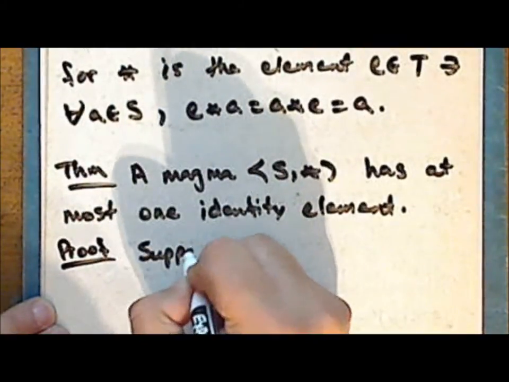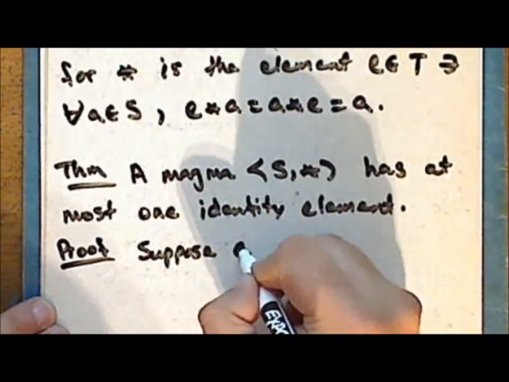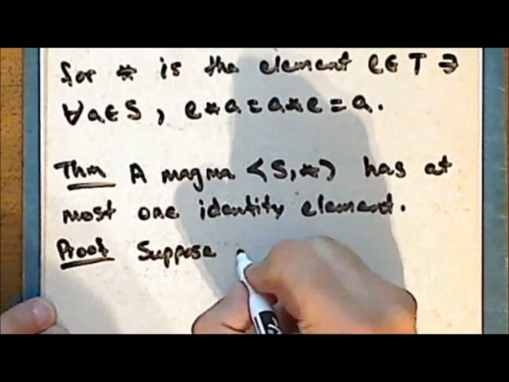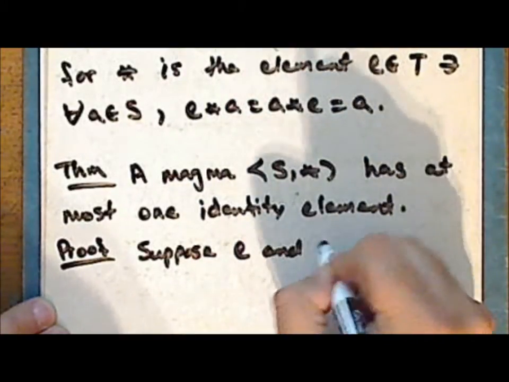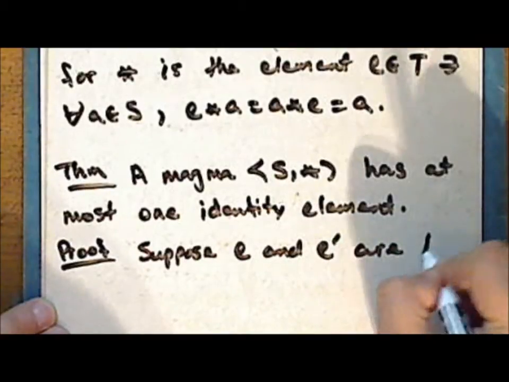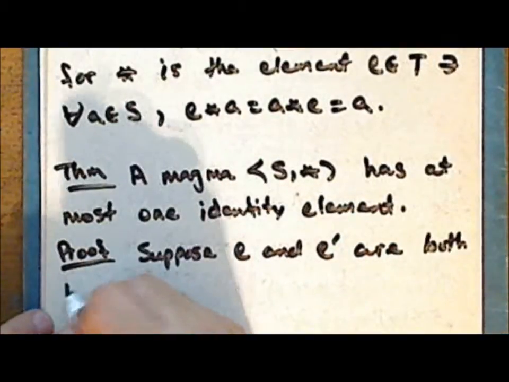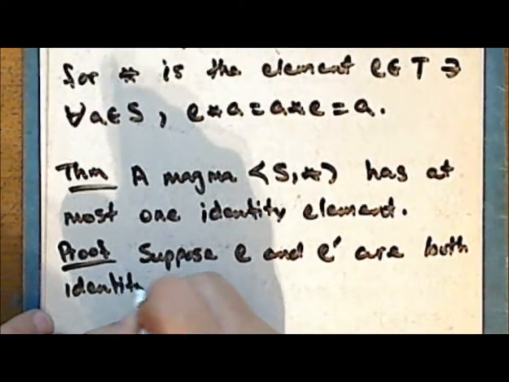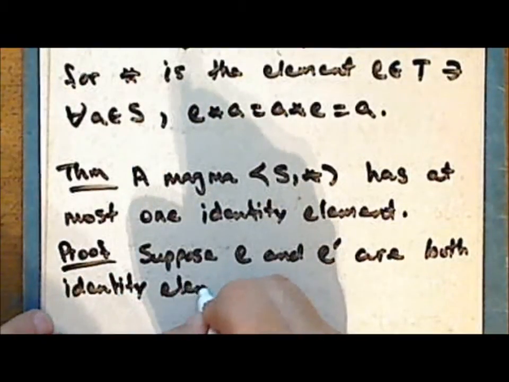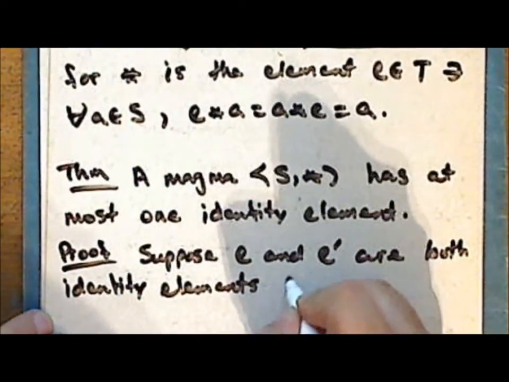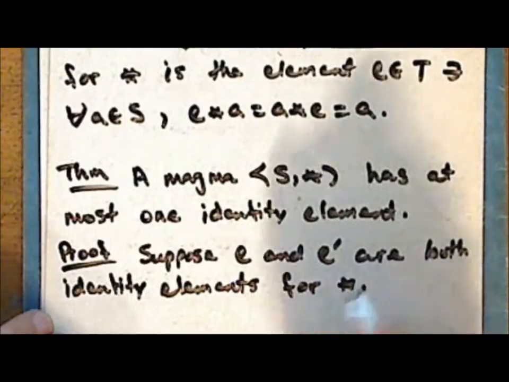Suppose that E and E prime are both identity elements for the operation star.